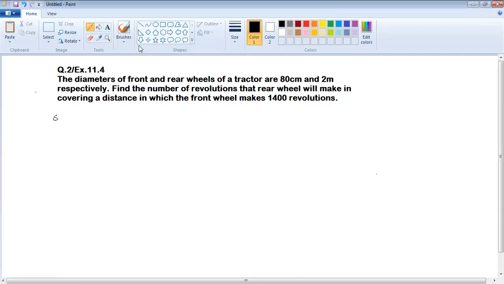Let us start the solution. So if I represent radius of front wheel by R1, then R1 is equal to 80 divided by 2, that is 40 centimeter, and R2, that is radius of rear wheel, would be 2 meter. 2 meter, if I convert it into centimeter, that will be 200 centimeter divided by 2.